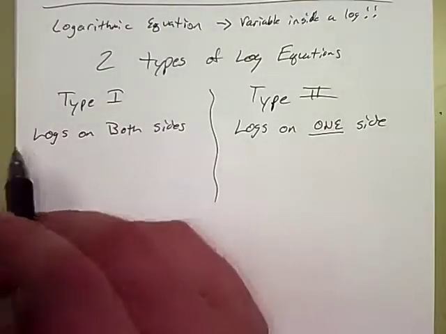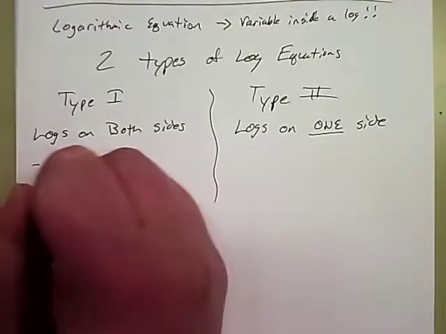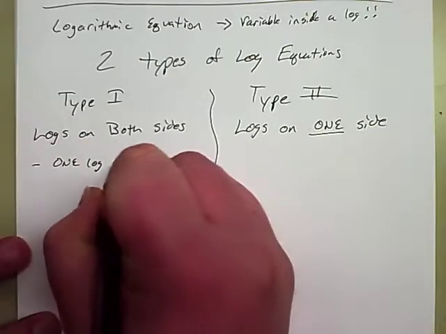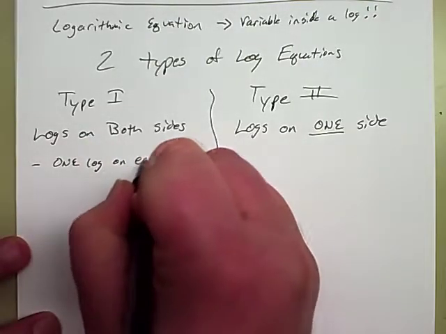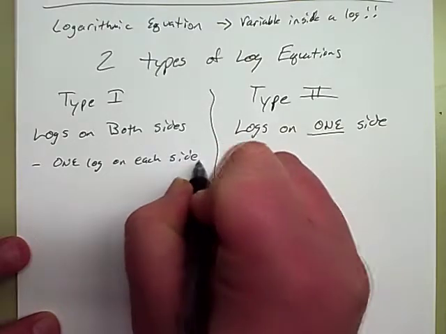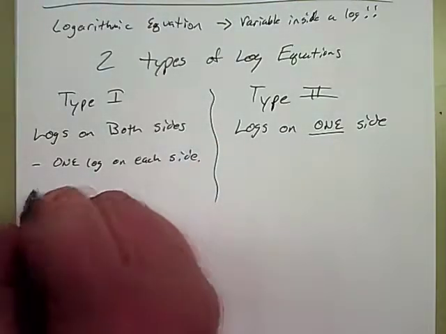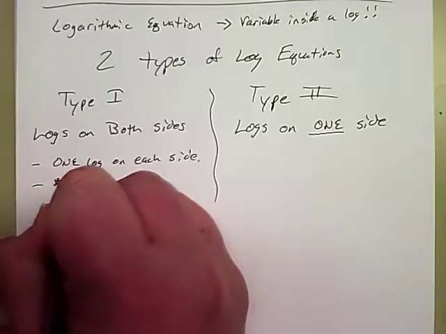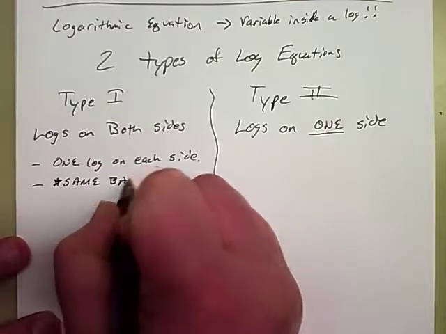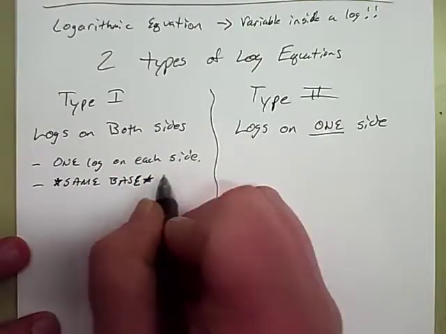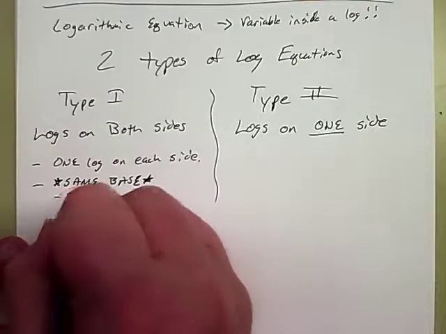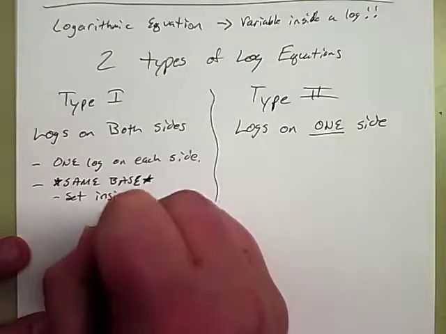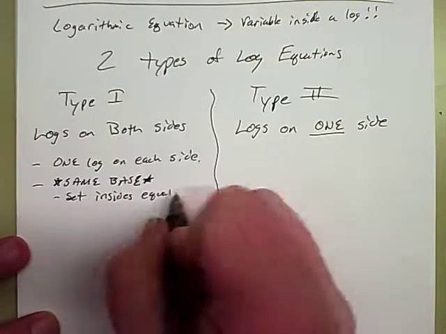So for type 1, the very first thing is that there's only one log on each side. And then, as long as they have the same base, then we can, I'm going to say it like this, it's not the right terminology, but we're going to set the insides equal to each other.